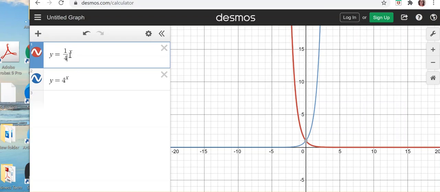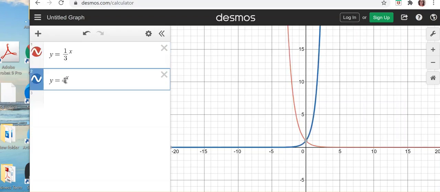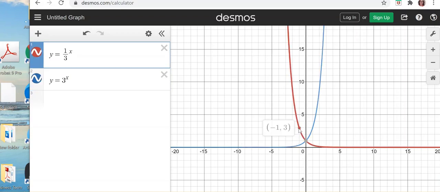So these coordinates here, let's have a look. At point 1 here, we have 1, 4. And if I change it to 3, we'll see that this coordinate is 1, 3.